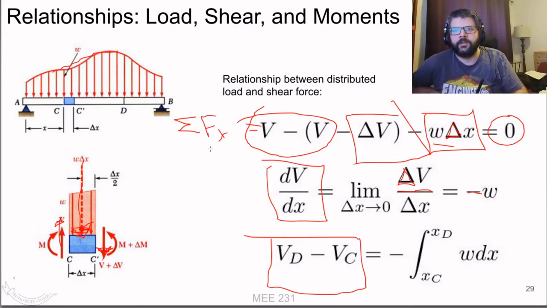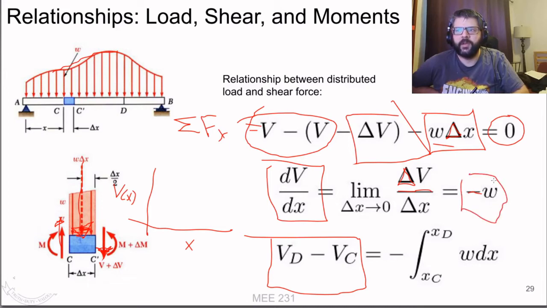And it's also saying that if we're plotting a shear force diagram, essentially the slope of that shear force diagram, delta V over delta X, is going to be based upon that distributed load.